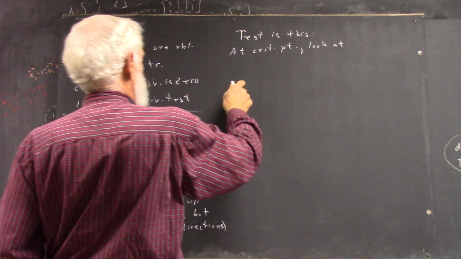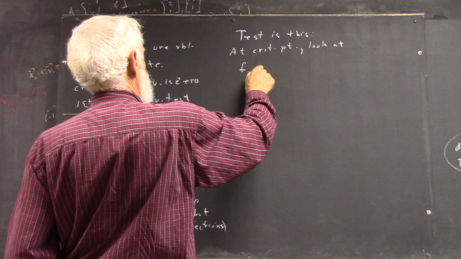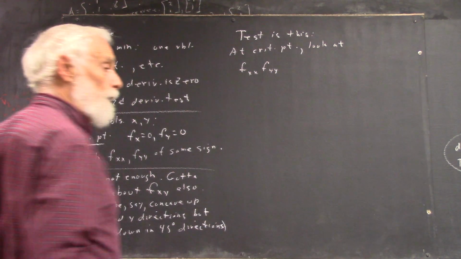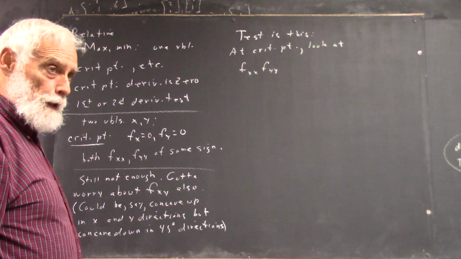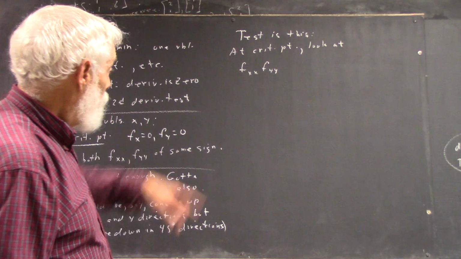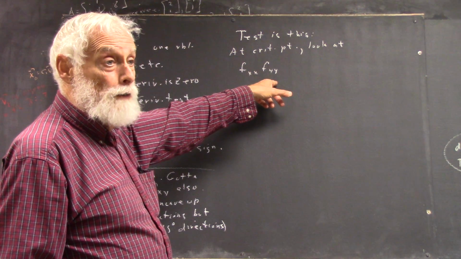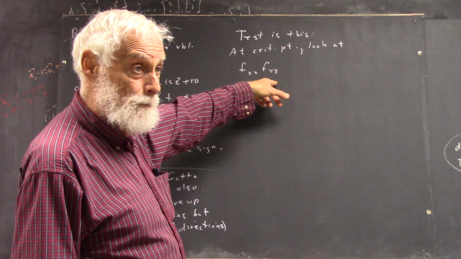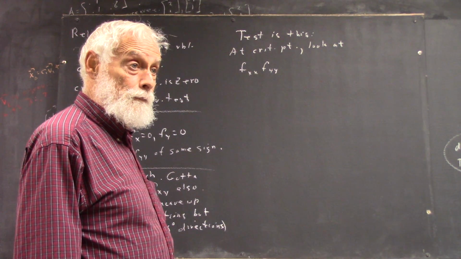we look at fxx times fyy, okay? Now, if fxx and fyy have opposite signs, you don't have a critical point, right? Okay?